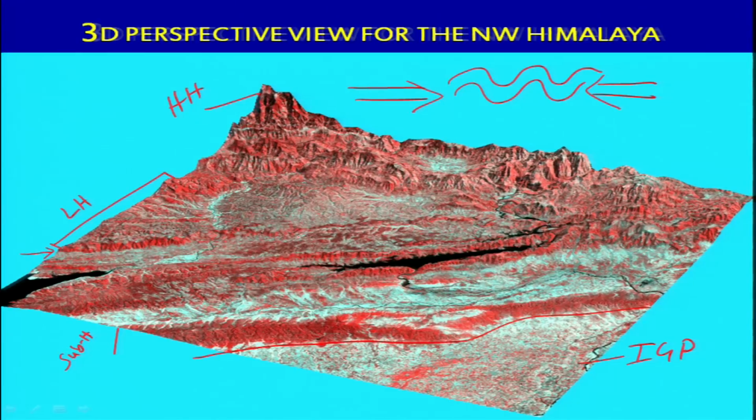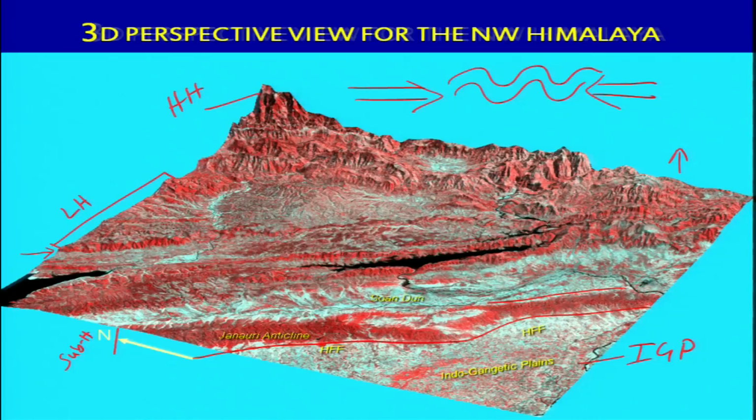Now another important thing is that all these mountain chains are bordered or bounded to their south, as well as in some cases to the north also, okay. So this is your north, so to the south and north by fault lines, or the active faults, you can say. So this is Himalayan frontal thrust or Himalayan frontal fault.